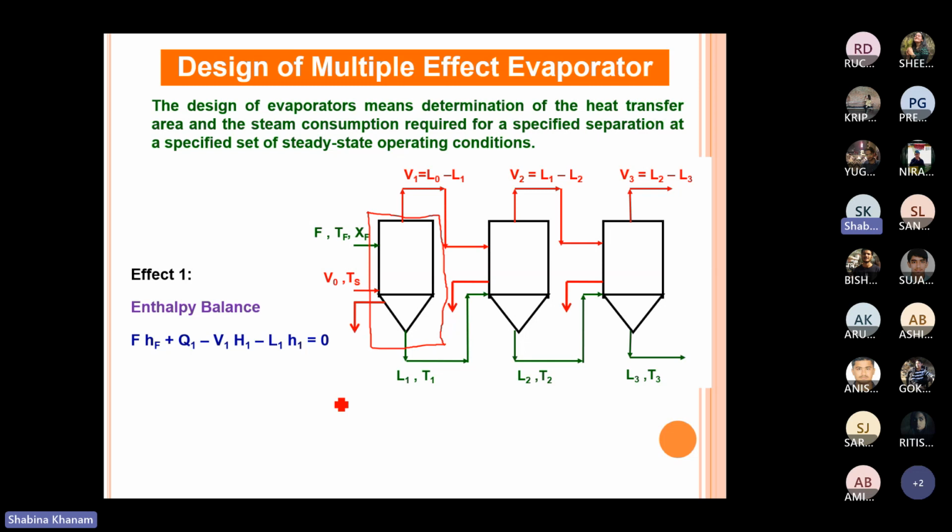Enthalpy of the liquid plus latent heat is the enthalpy of the vapor, right? So V1 capital H1, minus L1, as it is in liquid phase, small h1 would be involved here as the enthalpy of liquid. Further, consider that we have F HF as it is. Now this Q1 we have considered as V naught lambda naught.